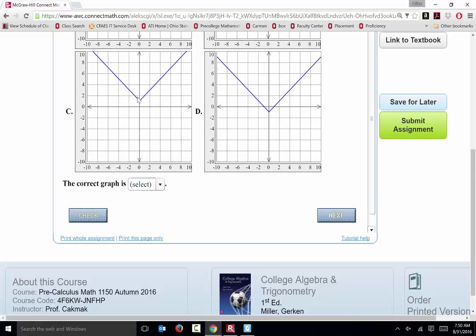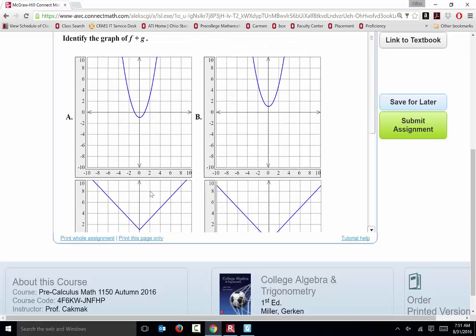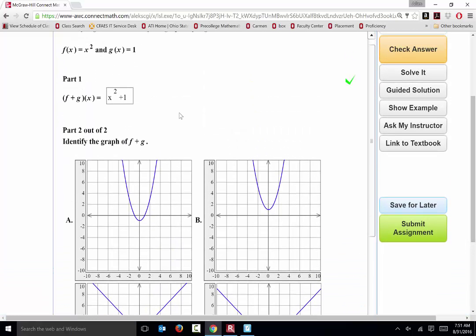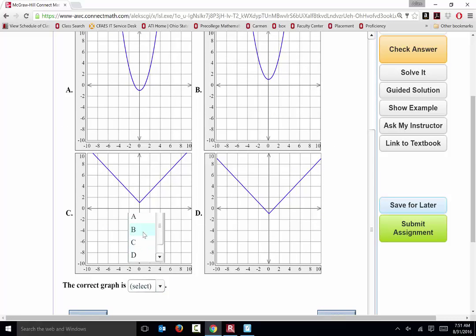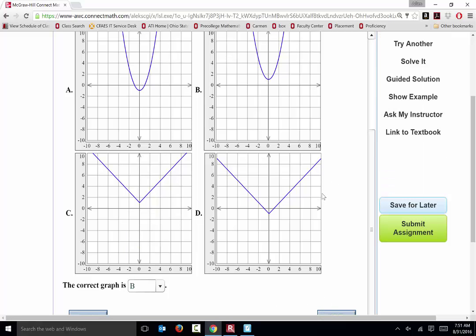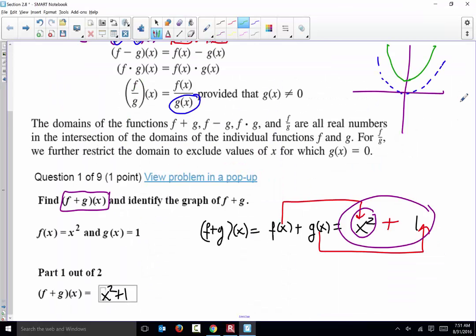Is this 0, 1? Seems so. There are two answers here, correct? Oh, this is not a parabola though. This is 0, 1. This is the parabola. The answer seems right. Seems like option B. Where do we choose it though? Down here. Okay. All right. Our first question is over.